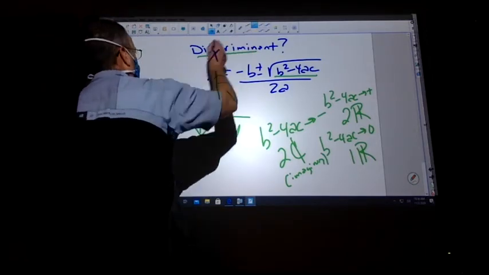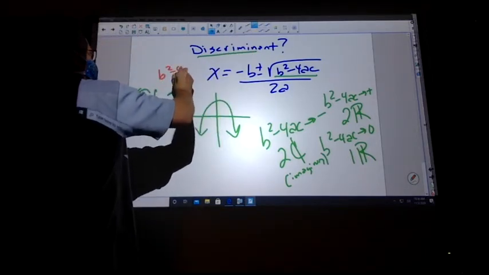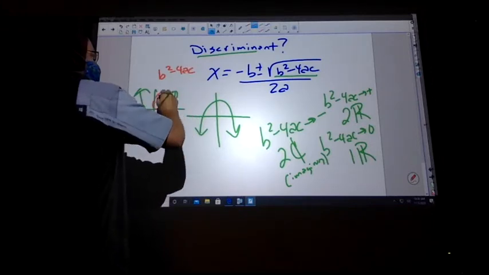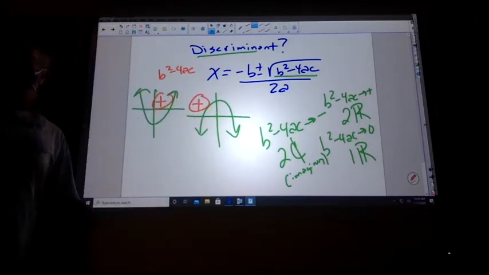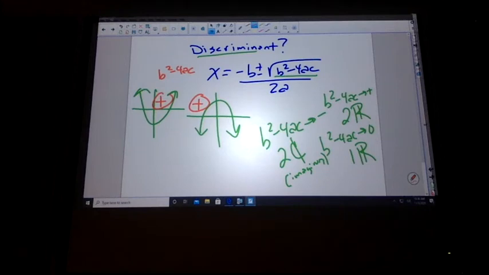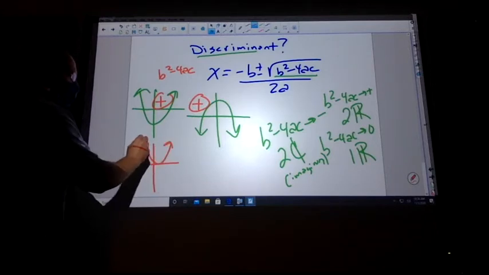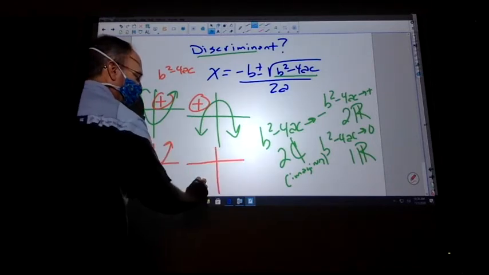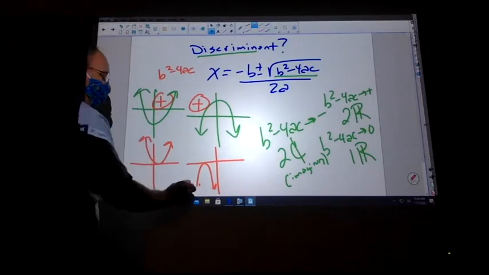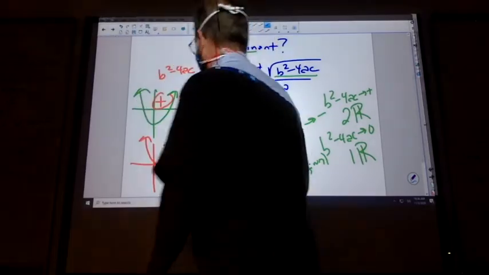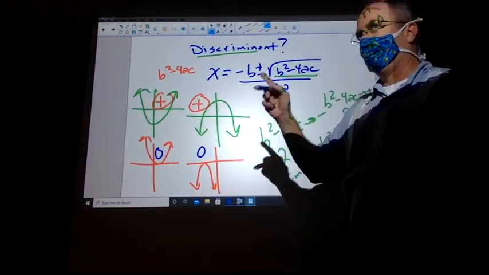This has to relate to b squared minus 4ac. So both of these would have a positive discriminant. Is that okay so far? What would this have? Or what would this have? 0. Yeah, that has a discriminant of 0. So you have 1 real solution there.